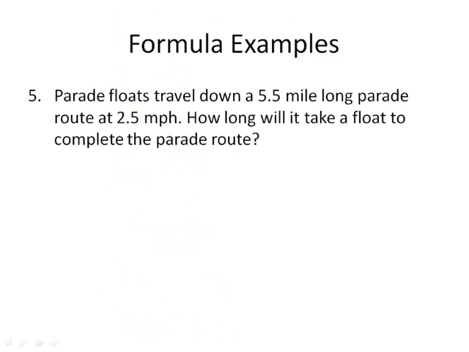Here is yet another example of using formulas. Let's take a look at this word problem. A parade float travels down a 5.5-mile long parade route at 2.5 miles per hour. They're asking us how long it will take the float to complete the parade route. So let's analyze the problem a little bit.